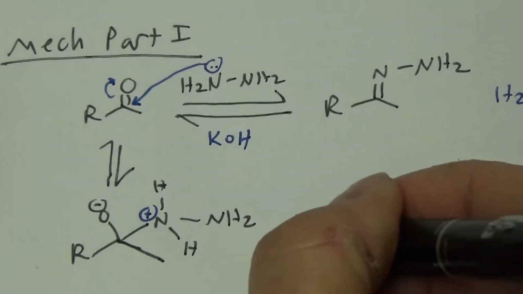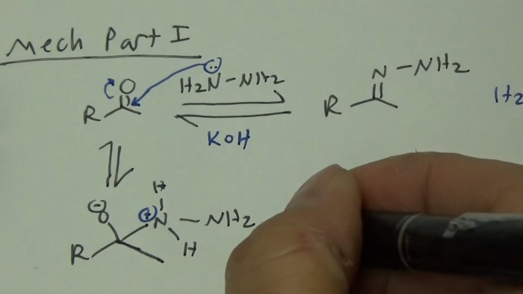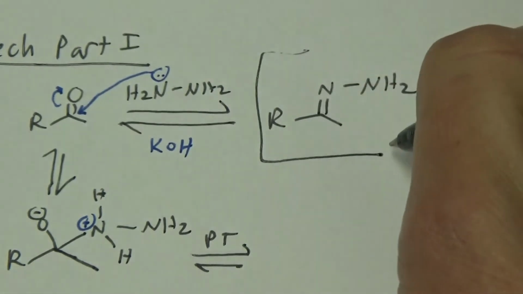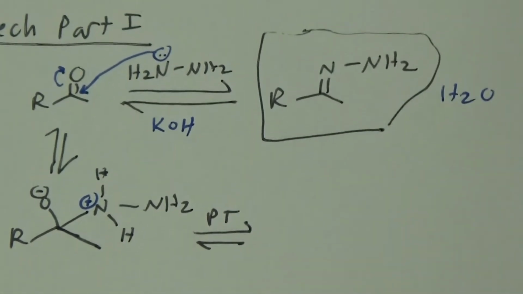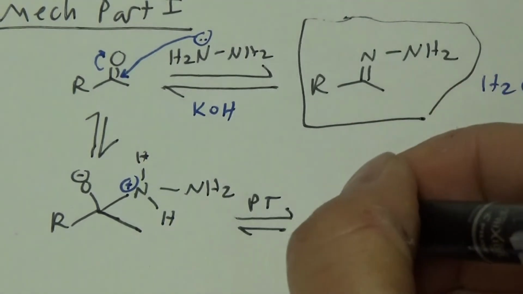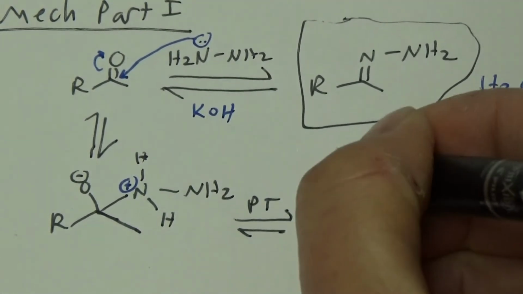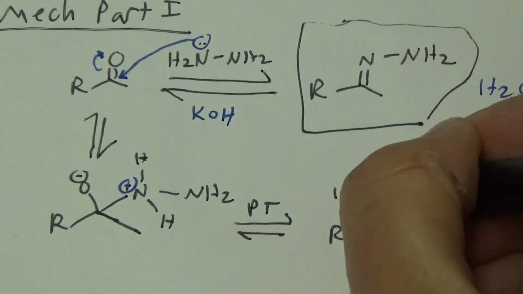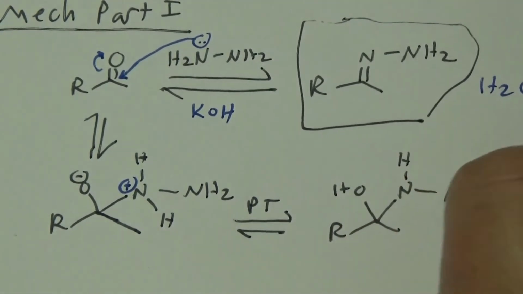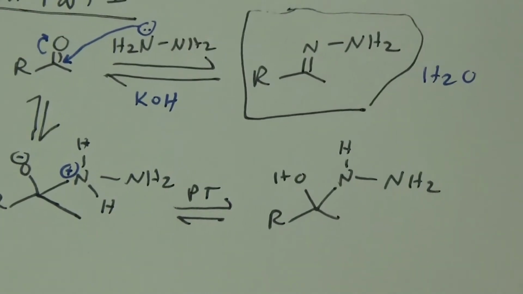So let's PT. Okay, I'm just going to put a square around my product there so we know where we're going. We PT from nitrogen to oxygen.